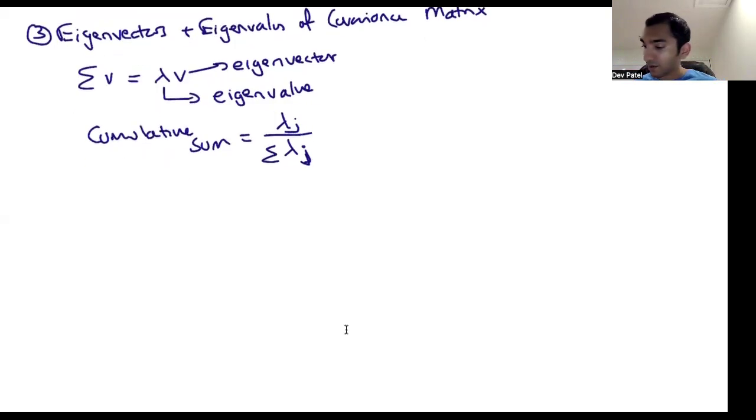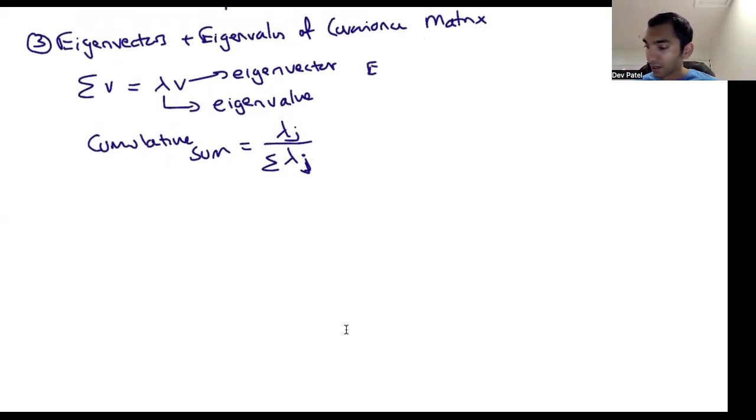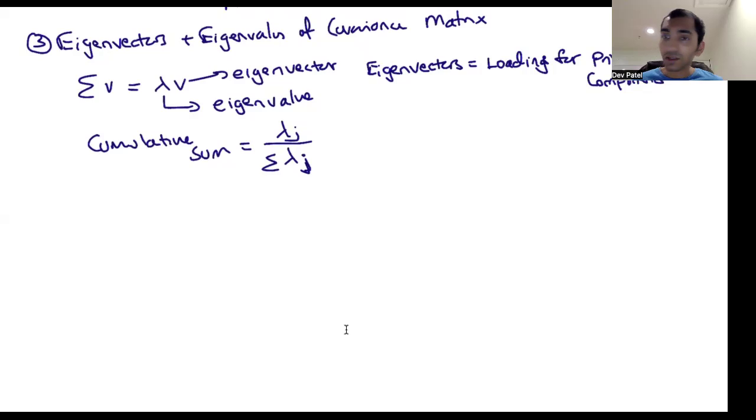The other thing to note is that these eigenvectors that we produce are actually what we call loadings for the principal components. This is what we project our original data set onto in order to get our new transformed data set, projecting it onto this new set of axes, these new eigenvectors.